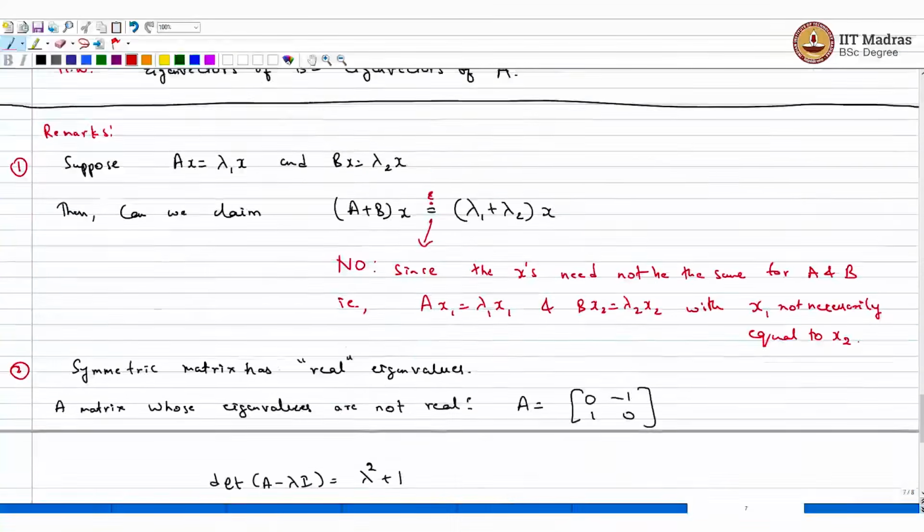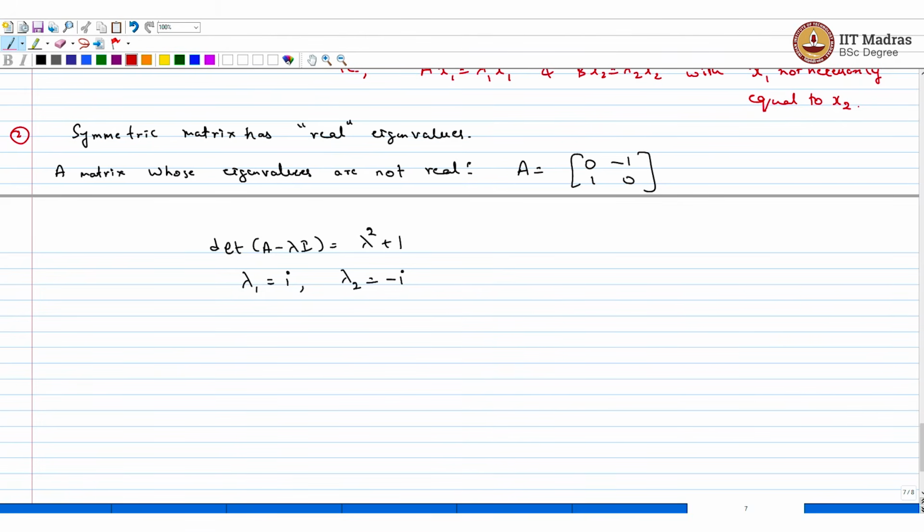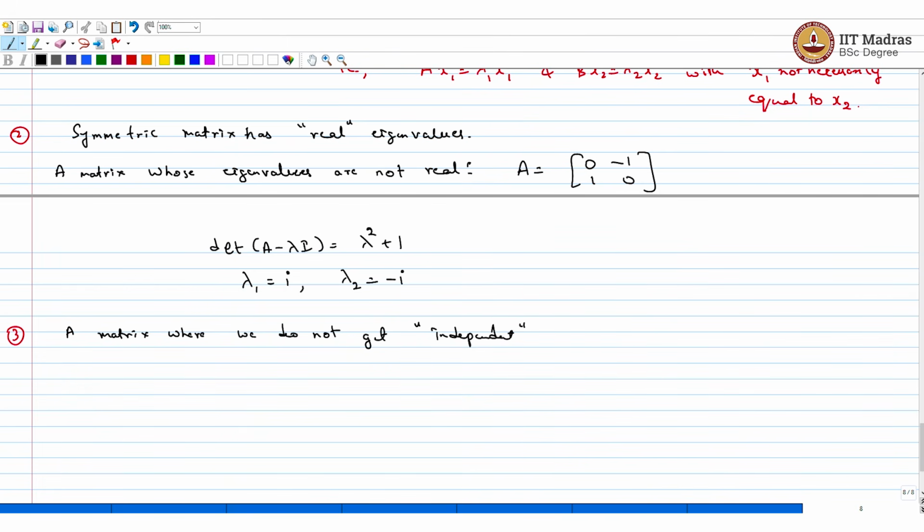So, I will give you an example of a matrix where we do not get two independent eigenvectors.